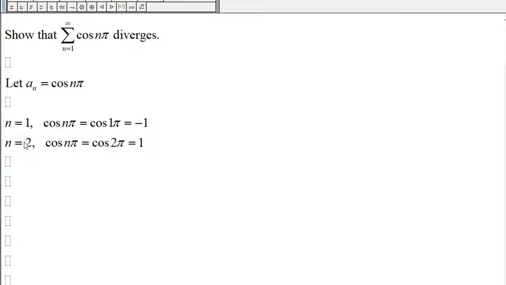When n is 2, then we get cosine of 2 pi, and cosine of 2 pi is 1. And then when n is 3, then we get cosine of 3 pi, and cosine of 3 pi is -1.